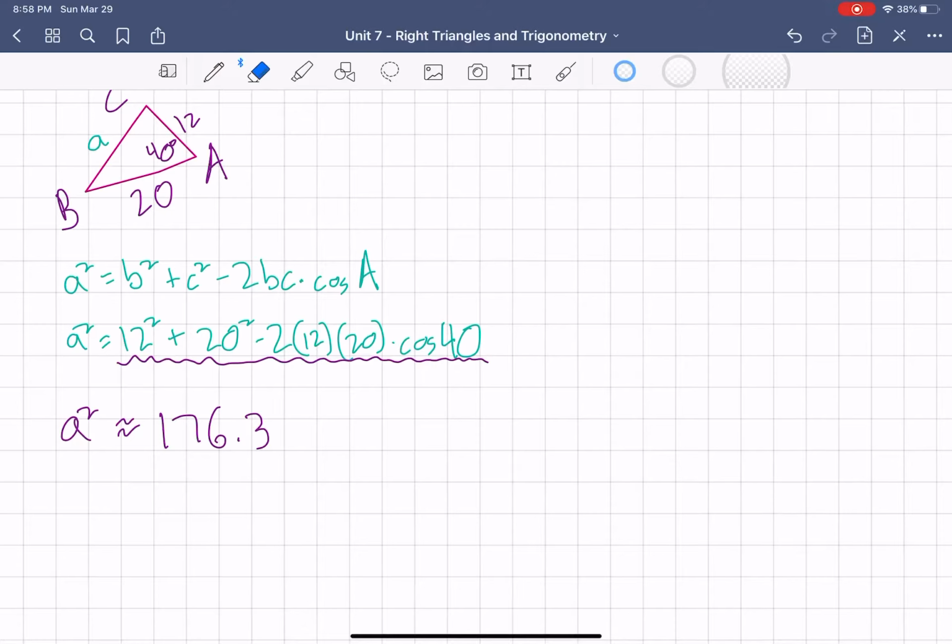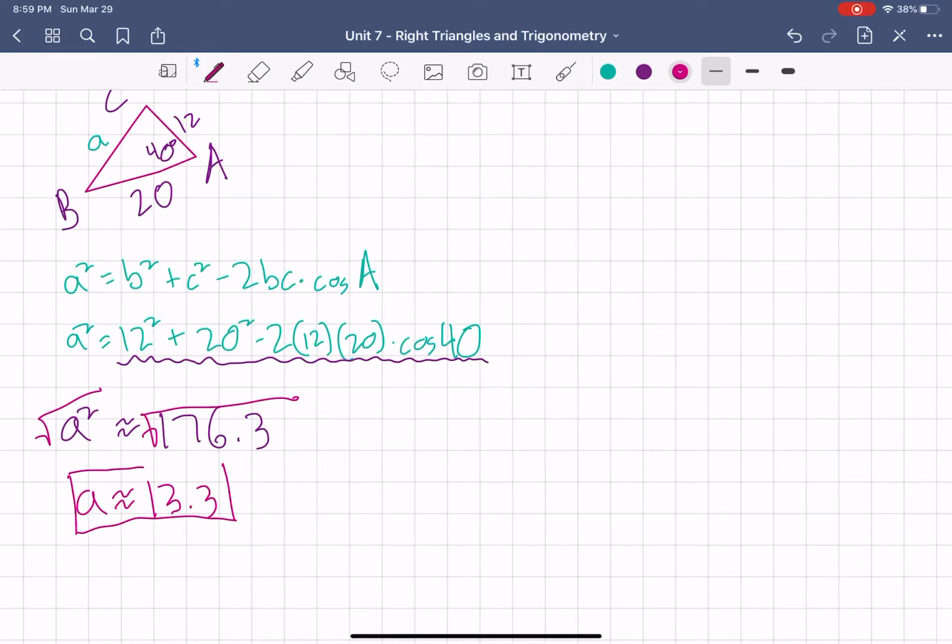We don't want a squared. That's not our final answer. We want to know a. So we're going to square root both sides, and when we do that, we'll find that a is approximately 13.3.